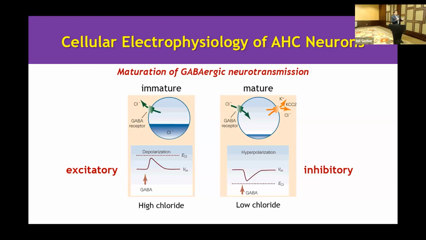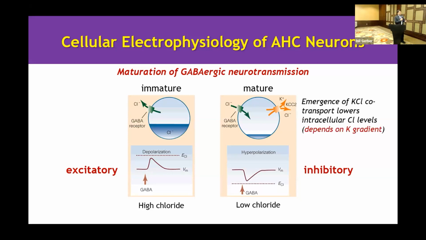And in an immature neuron, there's a lot of internal chloride in the cell. And so if you hit the cell with GABA, GABA opens up a pathway for chloride to escape. And as chloride is leaving the cell, the membrane potential gets less polarized, or so-called depolarized. And that helps the cell fire an action potential. But as cells mature, there's an emergence of a new gene in those cells that transports potassium and chloride out of the cell.